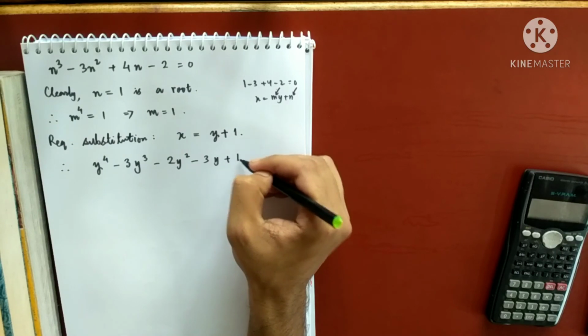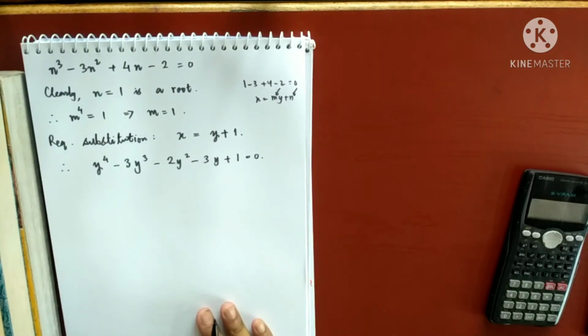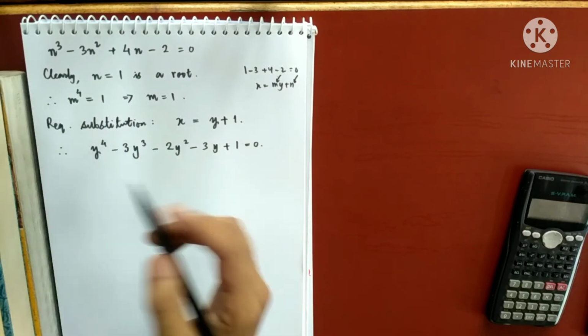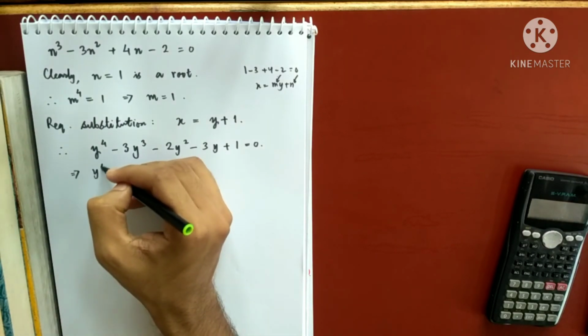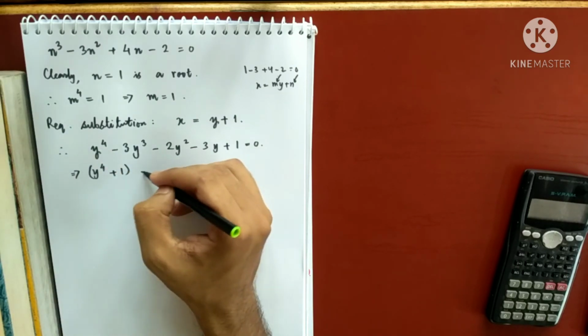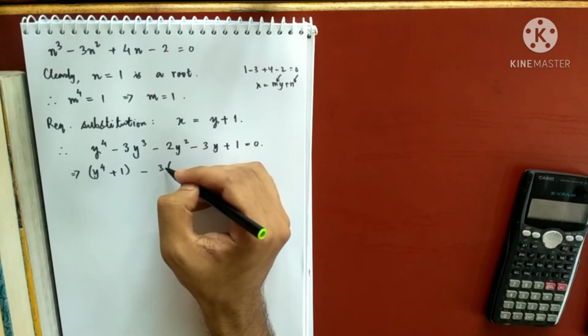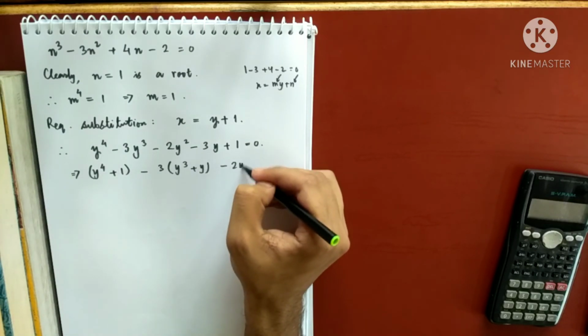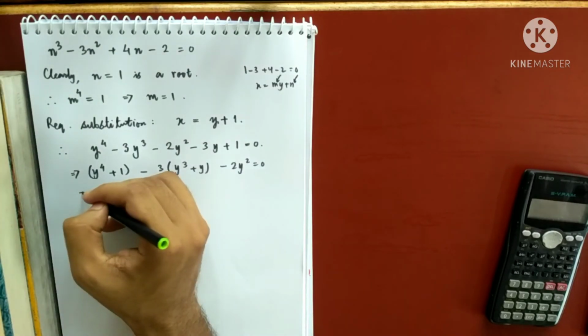So I know how to solve this reciprocal equation. This is in the standard form. Keep that in mind. You know how to solve a reciprocal equation in standard form. We're keeping these two together, keeping these two together, and keeping this together alone. Divide by y square.